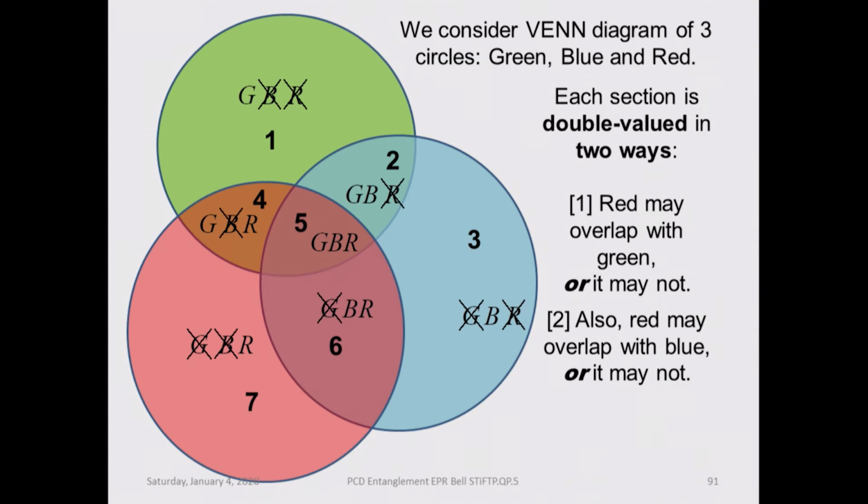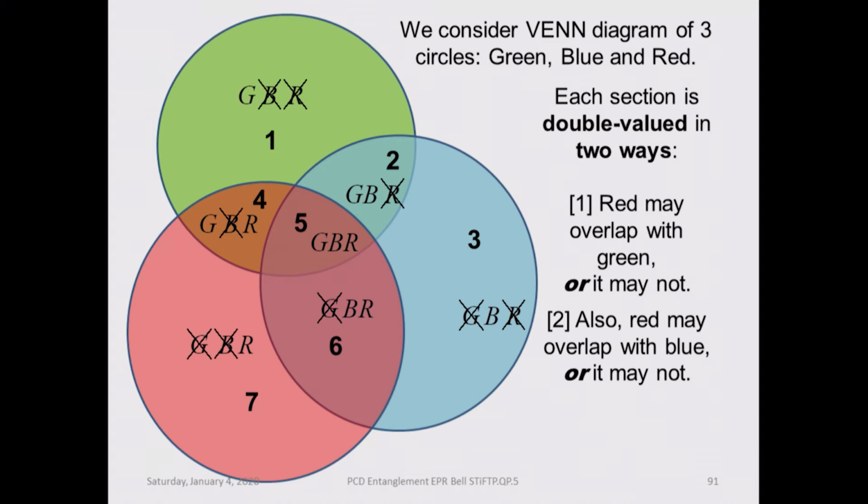So, each section, you have written these 7 sections over here and label them as, look at section number 2, which is a part of green, which is a part of blue, but not a part of red. So, it is GB not red, right. Section 4 is G, it is a part of green, it is a part of red, but it is not a part of blue. So, it is G not B red, right.